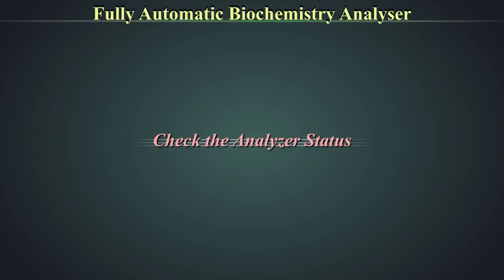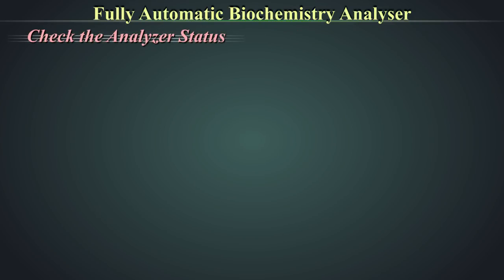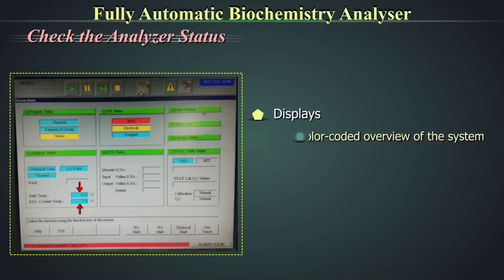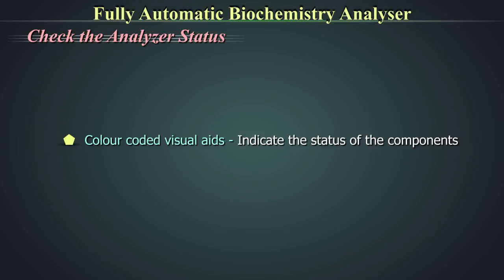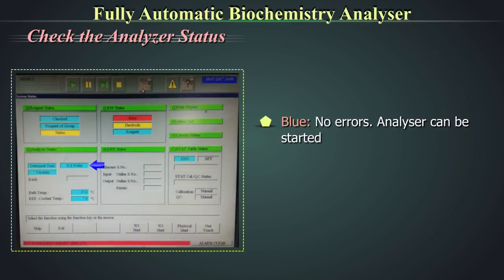Check the analyzer status. The analyzer status menu displays a color-coded overview of the system and the temperatures of the incubator and reagent refrigerator. The easy color-coded visual aids indicate the status of the components. For example, blue is no errors, analyzer can be started.